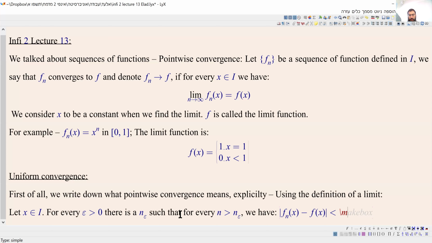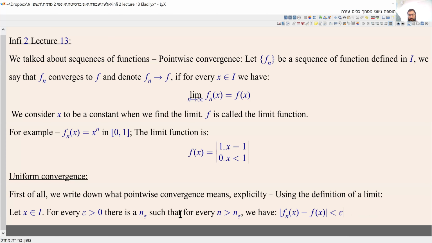This is the definition of limit, which you saw in lecture 3 or 4 in Infi1. It's not a_n goes to L, it's fn(x) goes to f(x), but besides, it's all the same. We start here with x in the background. I mean, let x be in I, and for this x, we have a sequence of numbers that converges to f(x), and we wrote down the definition of limit explicitly for this case.